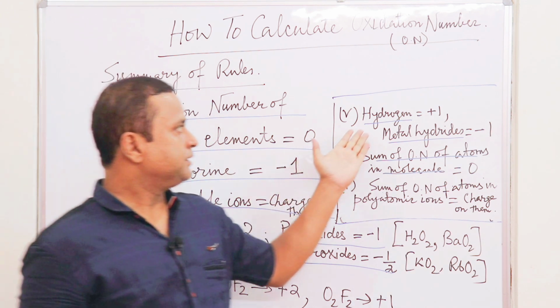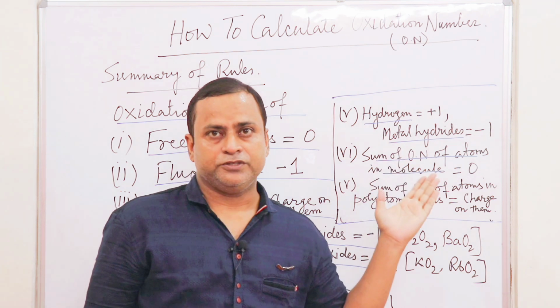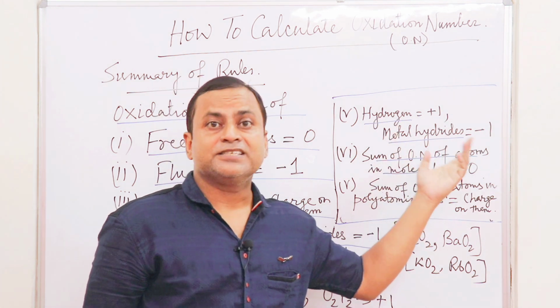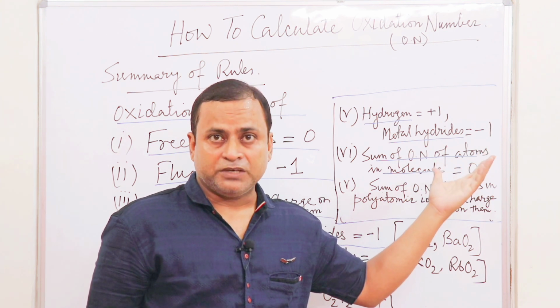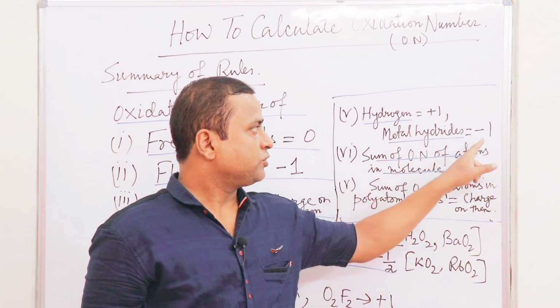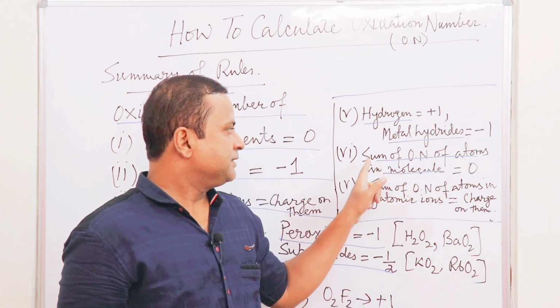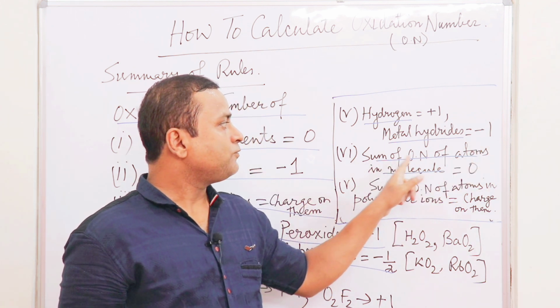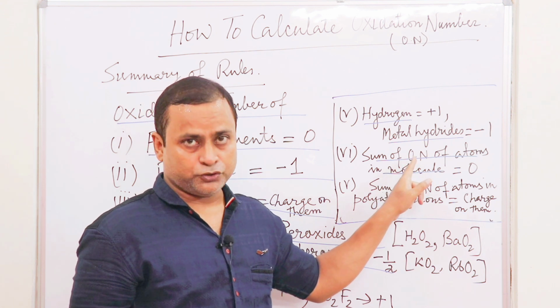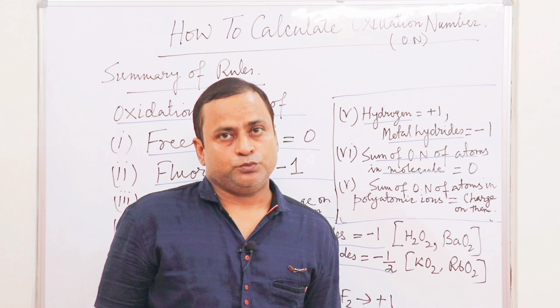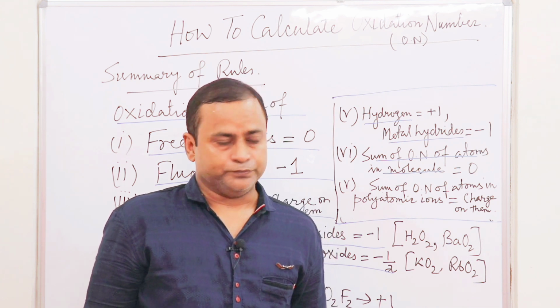The next rule, that is the oxidation number of hydrogen is always taken as +1, but in case of metal hydrides, say sodium hydride, magnesium hydride, and so on, you have to take the oxidation number of hydrogen as -1. Next important rule, the sum of oxidation numbers (ON for short) of atoms in a molecule has to be taken as 0.